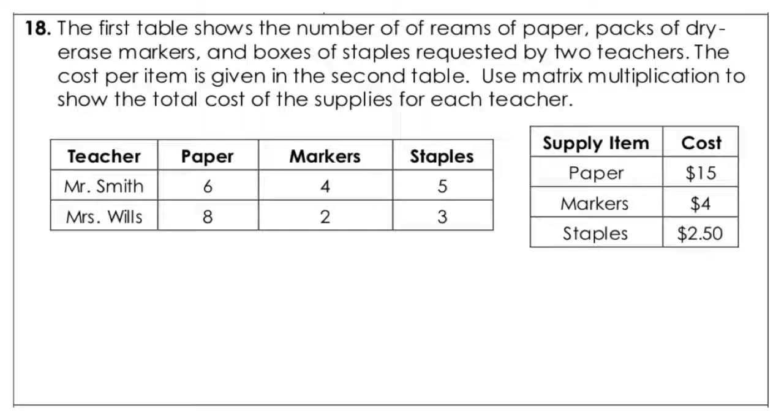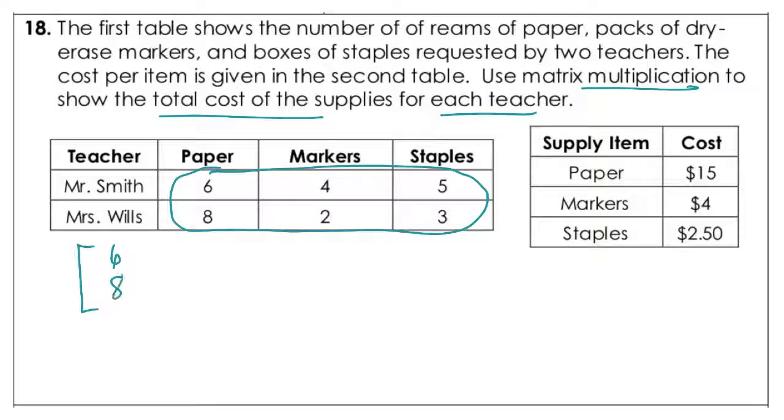Okay, so another way that we can use matrices would be to set up a matrix multiplication to show us some total costs, more like a spreadsheet. So here's all of the supplies that these two teachers have purchased. And so we can make a matrix from that, saying 6, 8, 4, 2, and 5, 3. We can make a second matrix for the cost, and that cost would be 15, 4, and 250.